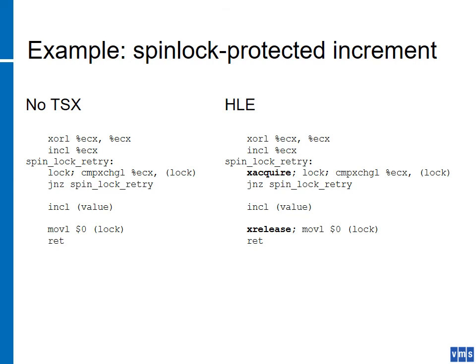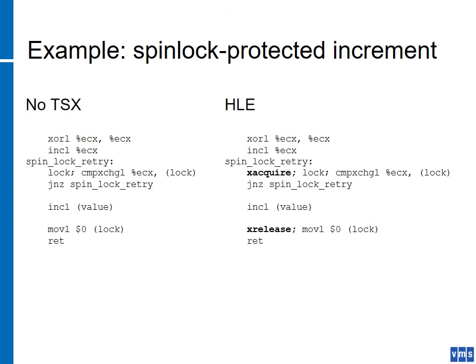Basically, we put a 1 in memory, and we get back what the value was before we put it there. If the value was 0, great, we've acquired the lock. If the value was already 1, someone else had the lock, and we retry. So we spin in this loop until we find out we have written a 1 where there was originally a 0. Simple spin lock. And then we increment some value somewhere, and then we release the lock again. This is really very simple code. Usually you would do a lot more than simply incrementing a value in between here, of course.